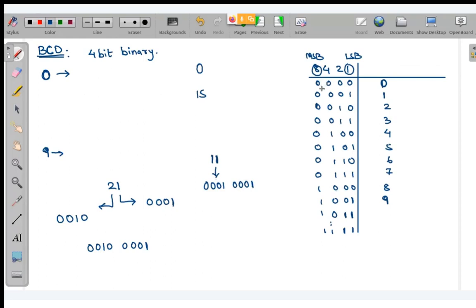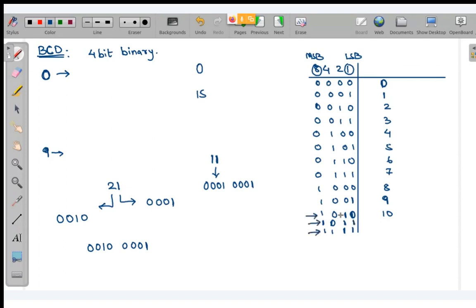But in 4-bit binary, 11 is represented as 1011. Sorry, after 9 I should have written 10 over here, and after this it will be 1011, which is 11. These are invalid BCD.